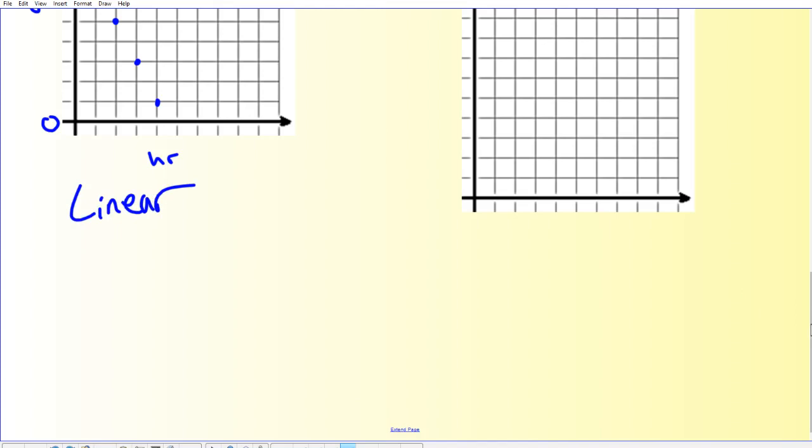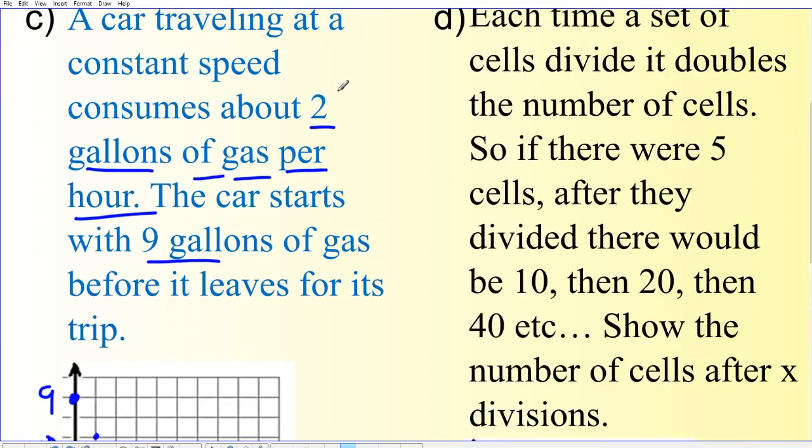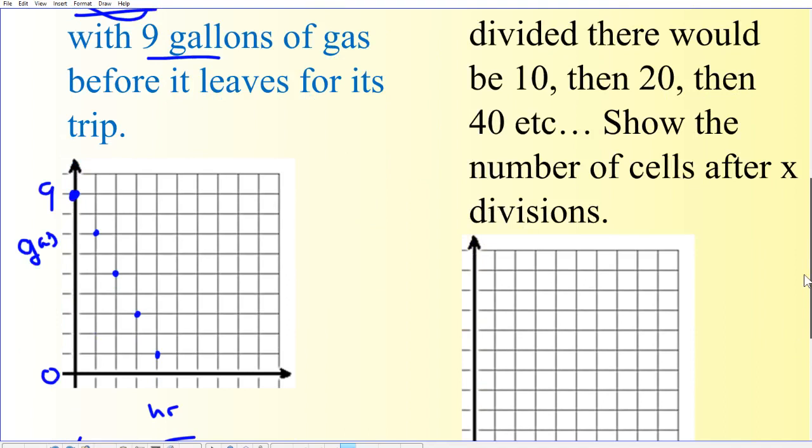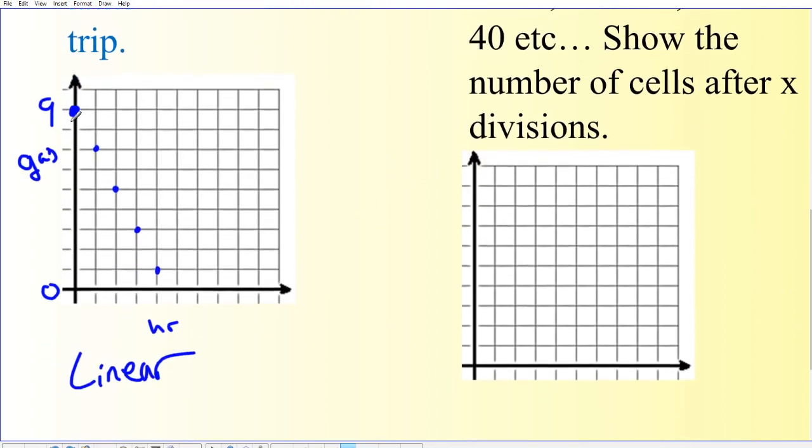They even tell me in the problem what the slope is. Gallons per hour. That is a rate. That is my slope. It tells me the rate is 2 gallons per hour. And then it even tells you what the y-intercept would be. This is decreasing because the amount of gas you have in a car goes down over time. You're burning it up as you're driving down the road.